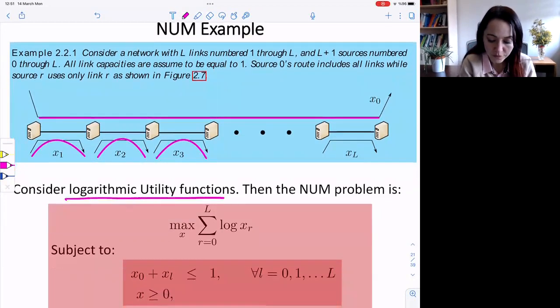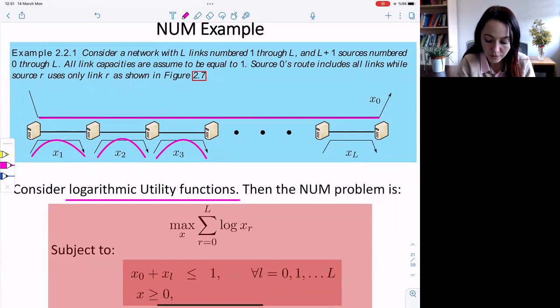Consider logarithmic utility functions. So the utility of user r in its rate x_r is log x_r. Okay, then we want to maximize over the set of choices of x_r the sum of the utilities.